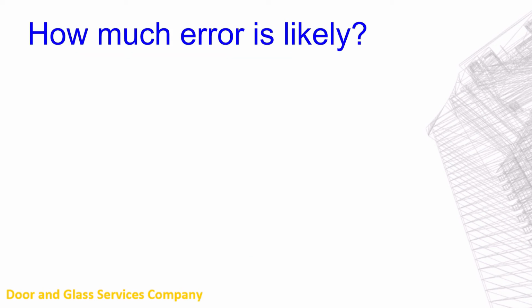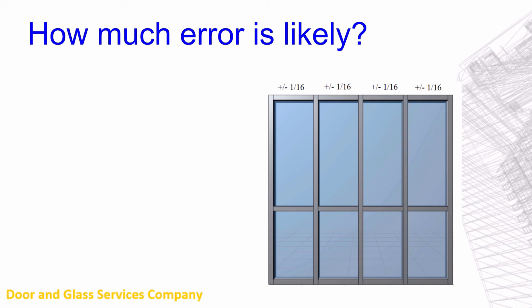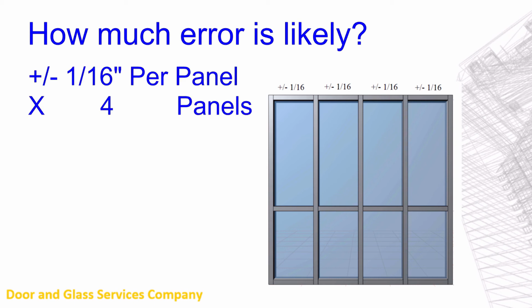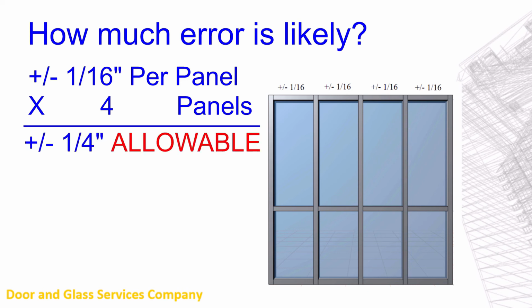The total amount of error which is possible can be much larger than 7/64. Consider a product which is assembled from multiple panels. Suppose that the manufacturing tolerance allowed for the width of each panel is 1/16 of an inch. The total error in the assembled product's width, if all panel widths are manufactured to within acceptable tolerance, could be as much as 1/4 inch in only 4 panels.